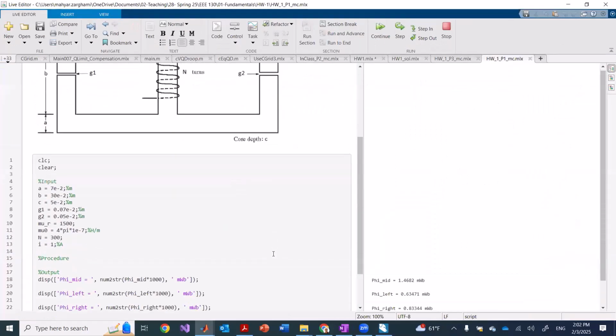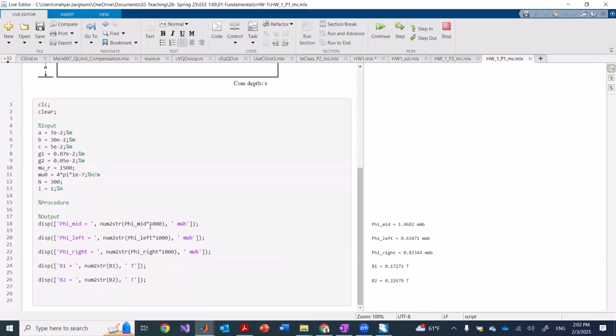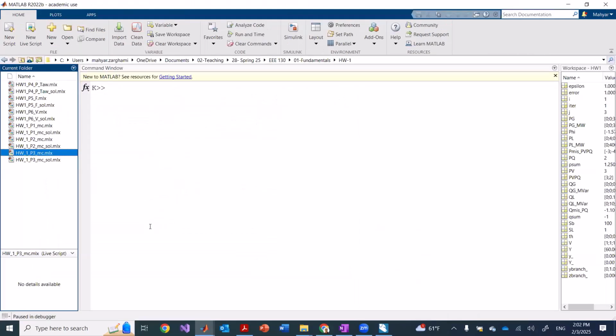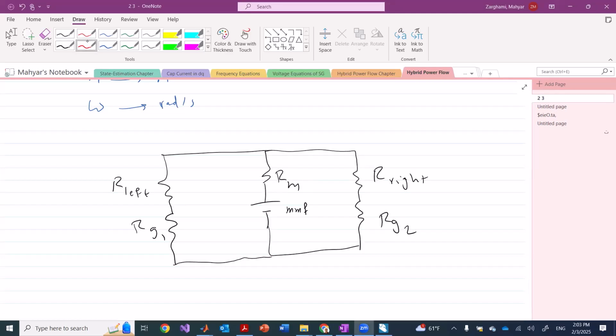Based on the problem, we didn't call anything, so we can just call them whatever we want now. So I can call it R left, R right, then R G1, R G2, R M, meaning the middle, and this becomes the total phi.